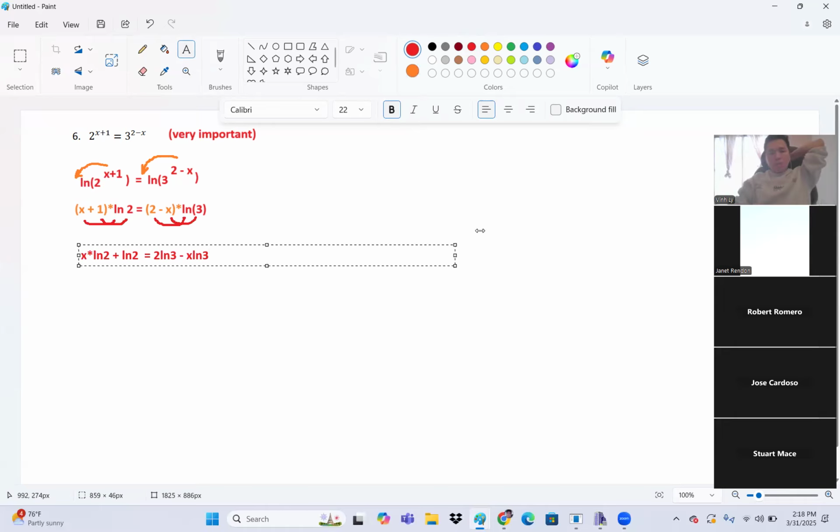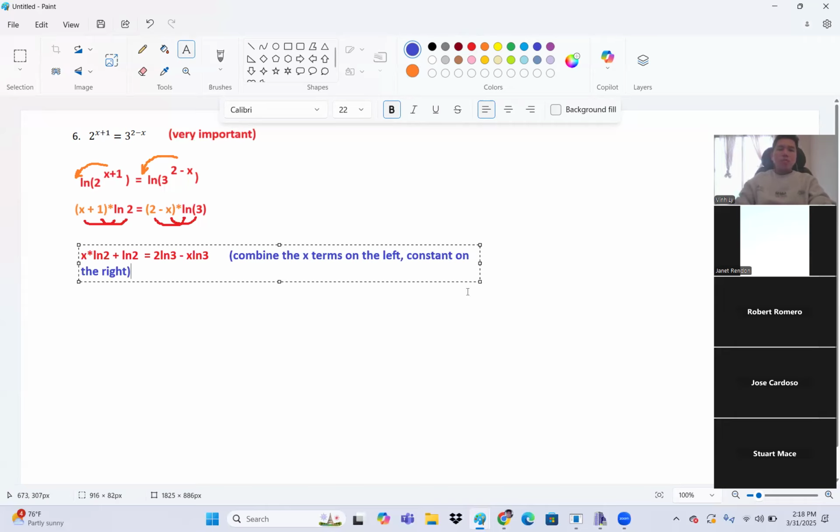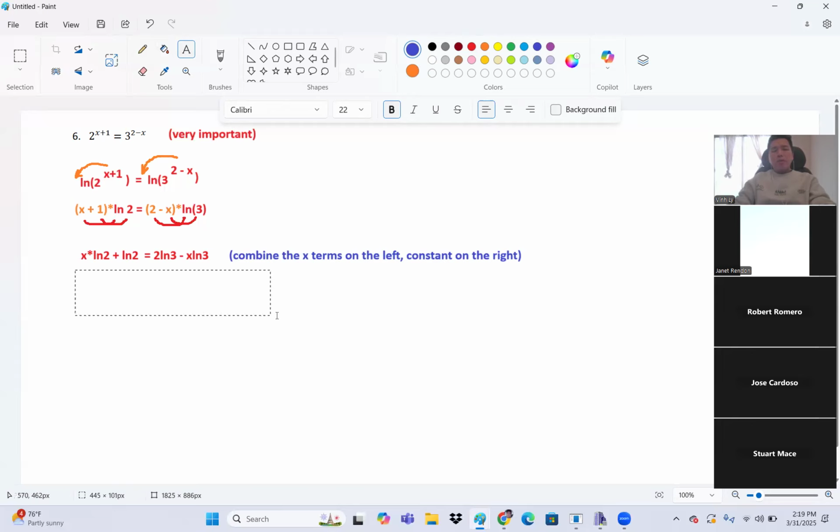So the next thing we have to do, we're going to combine the x terms, left, constant, right. So we're going to move the x ln 3 to the left, so we're going to add x ln 3 to both sides. We also move the values to the right, so I'm going to subtract ln 2.